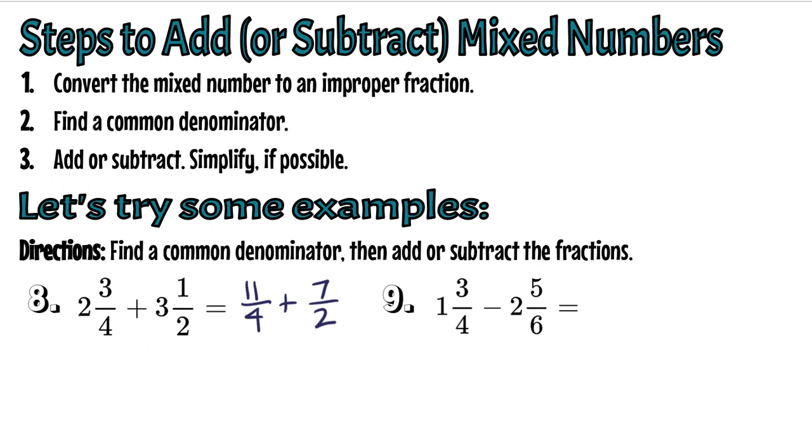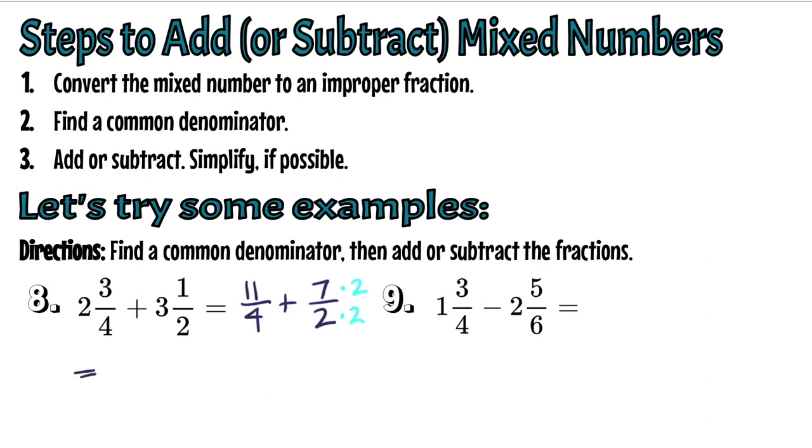You may have already noticed that our denominator of 2, if we just multiply this by 2, it will give us a denominator of 4, which will allow us to have the same denominator. So if I multiply the denominator by 2, I must multiply the numerator by 2 in order to maintain the same fraction.